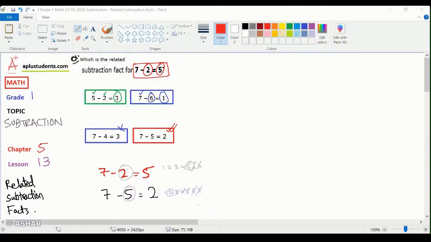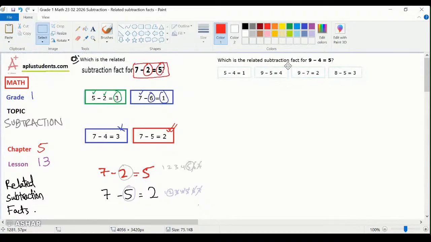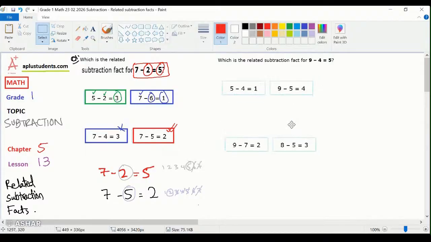For the next question, it says, which is the related subtraction fact for, just a moment, please. In question number 2, these are the options that are given to us.